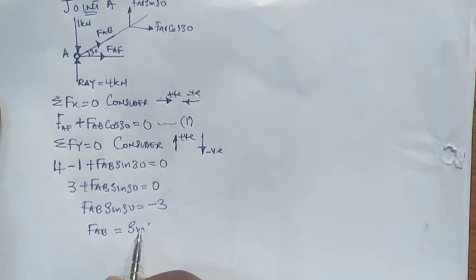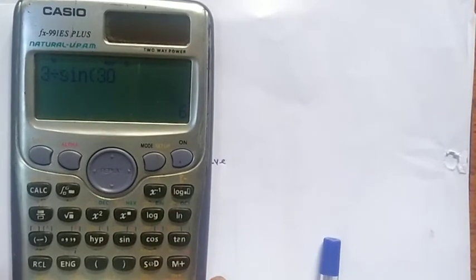FAB is equal to -3 all over sin 30. So -3 divided by sin 30, 3 divided by sin 30, we have 6.